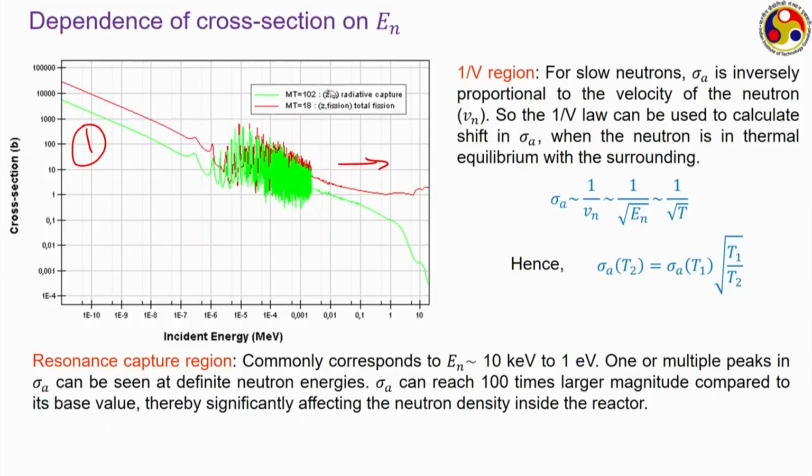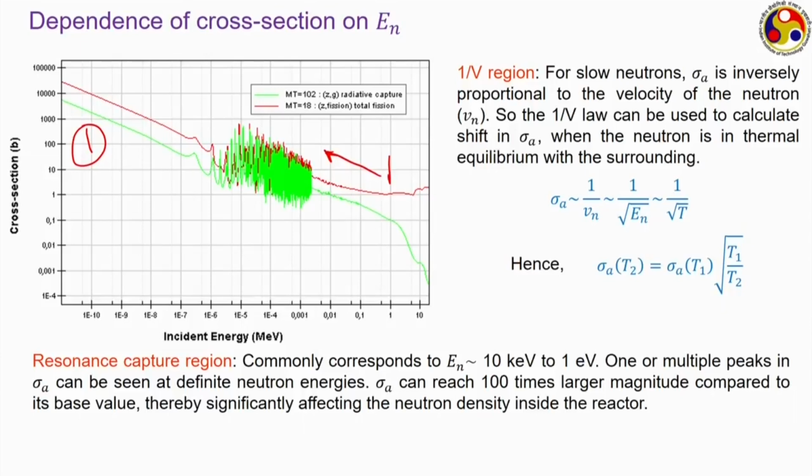In a nuclear reactor, most commonly we find the neutron available at the fast neutron level somewhere here, and to convert that to a thermal neutron we have to go through some kind of process during which its kinetic energy will be reducing and it will be going in this direction. While going in this direction it has to pass through this resonance capture region, and if, while passing through it, the neutron is at an energy level where these cross sections are high, there is every chance that it will get absorbed by the fuel itself.